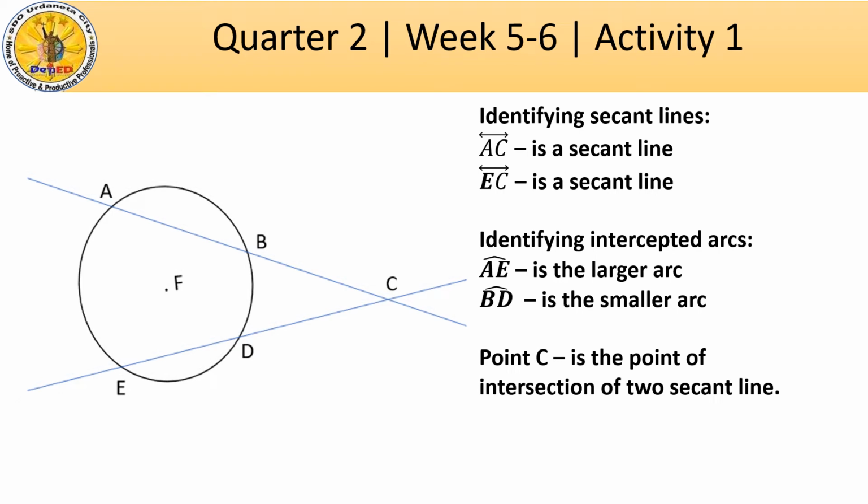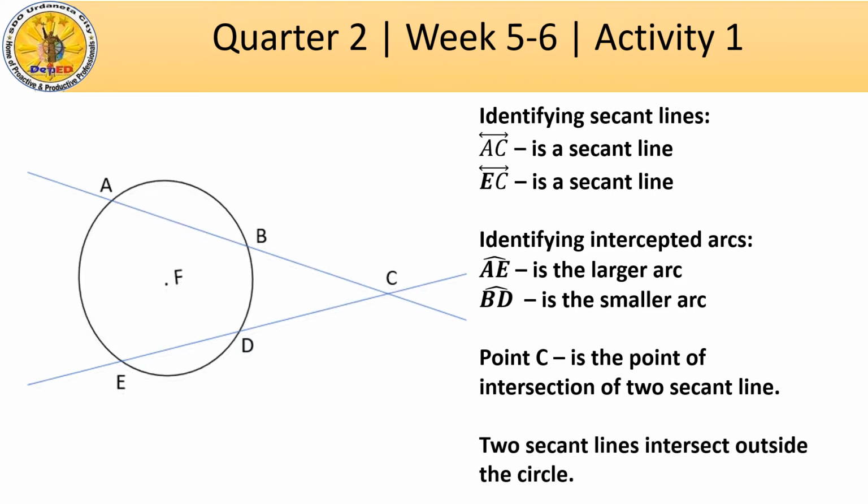The point of intersection of two secant lines is point C. So here, two secant lines intersect outside the circle.